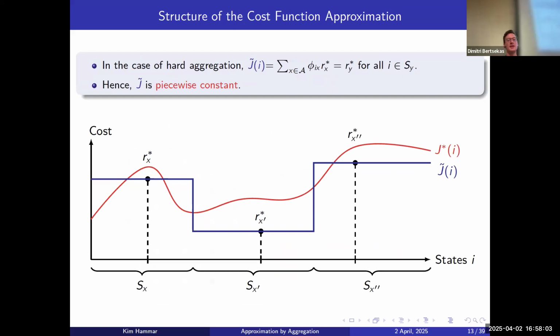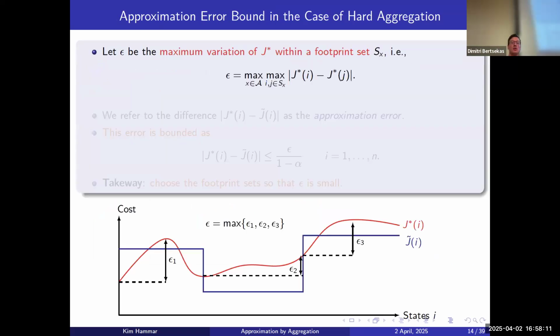Okay, and now we'll try to formalize this intuition about the difference between J star and J tilde by introducing a parameter that we call epsilon, which is the maximum variation of J star within one of those footprint sets. So in this particular example, the epsilon value is going to be epsilon 1 here.